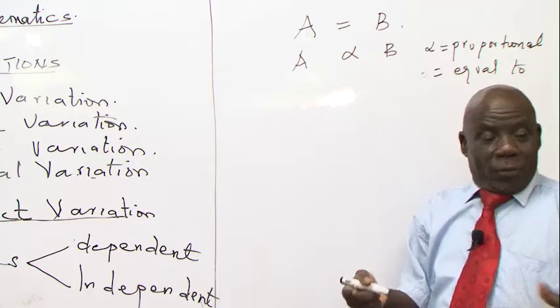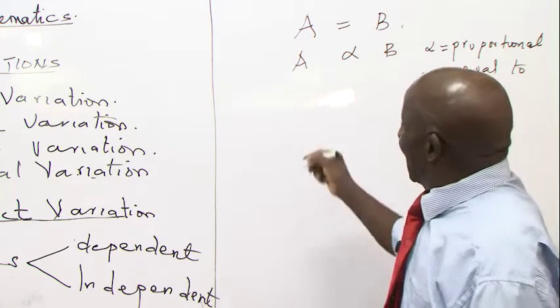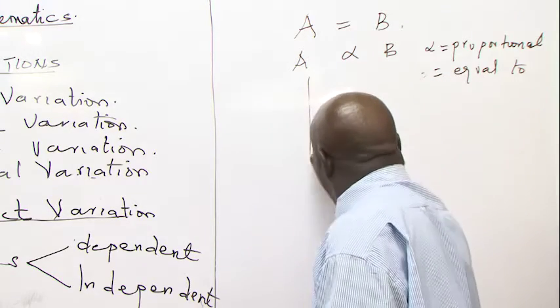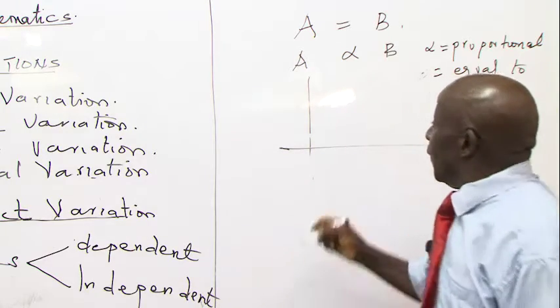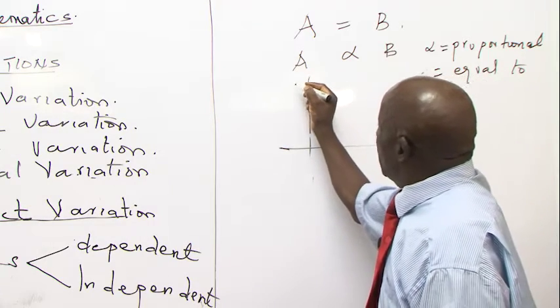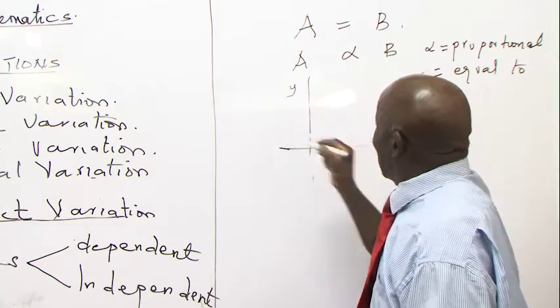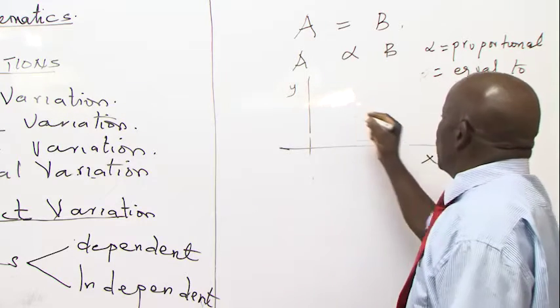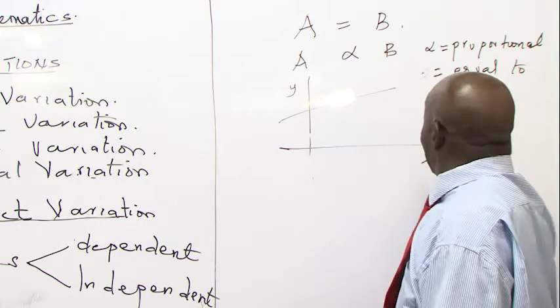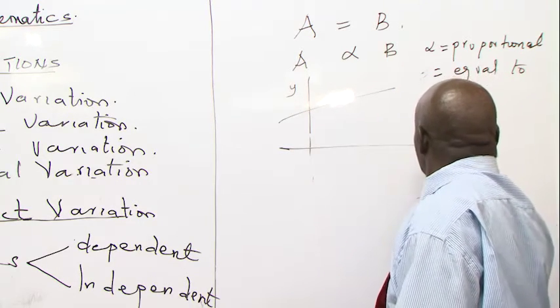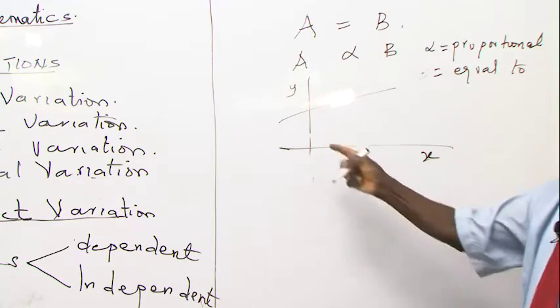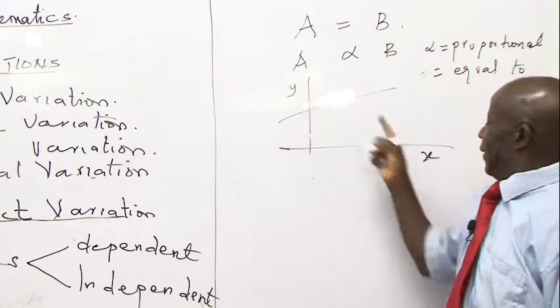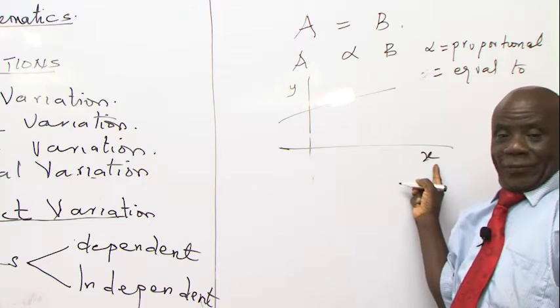I'm giving the introduction because we are still going to look at this. Let's say a variable is on this side, let's say y, another variable is here, and you discover that you have this. It means as this one increases, this one also increases.